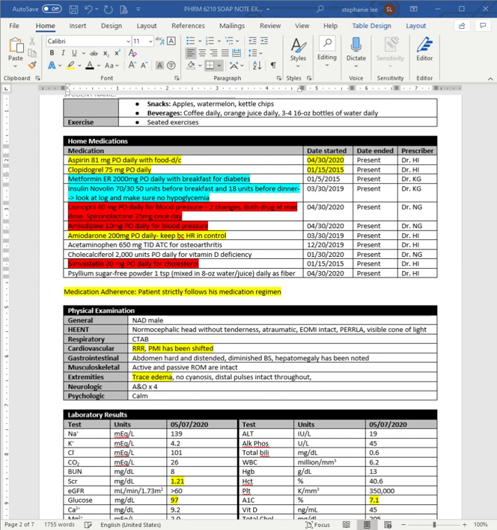I also want to monitor signs and symptoms of melena or bright red blood per rectum, to make sure they're not bleeding anywhere from the GI tract, like coffee ground stools, things like that.